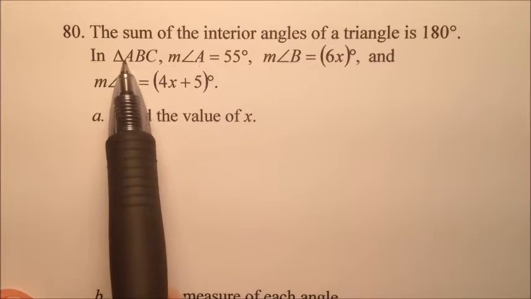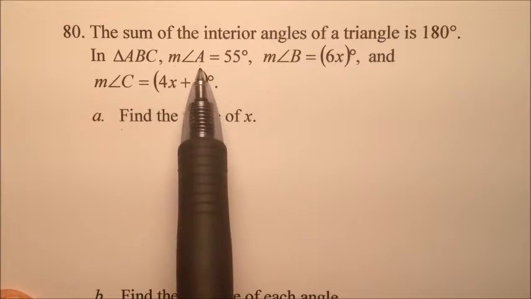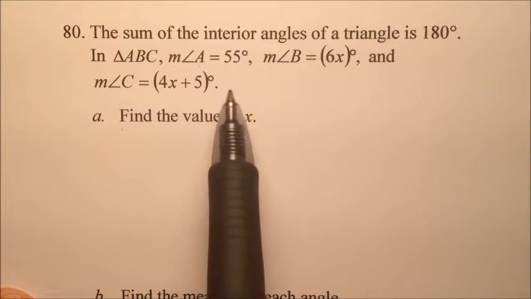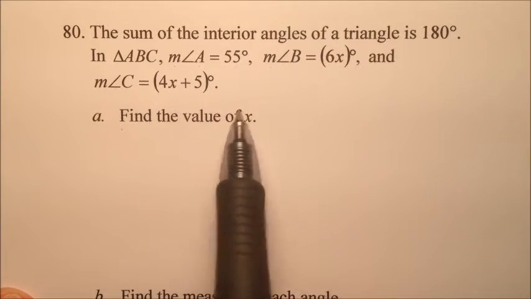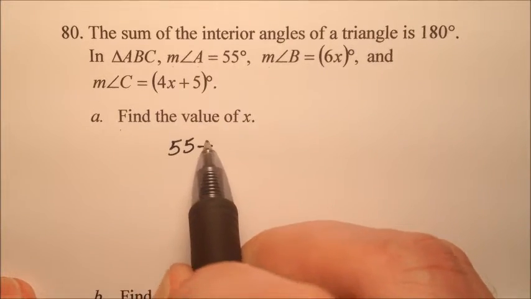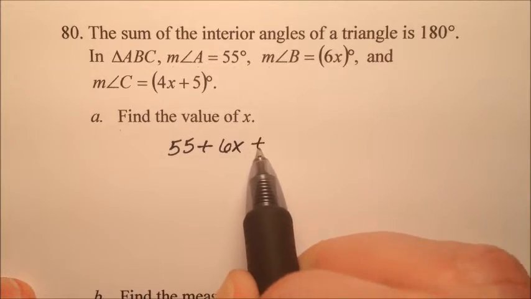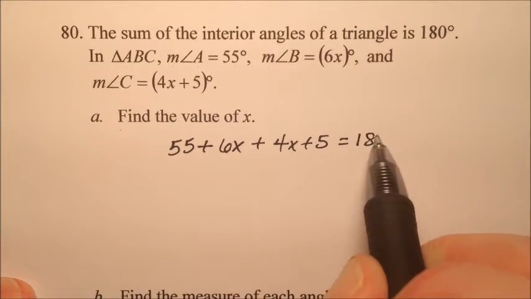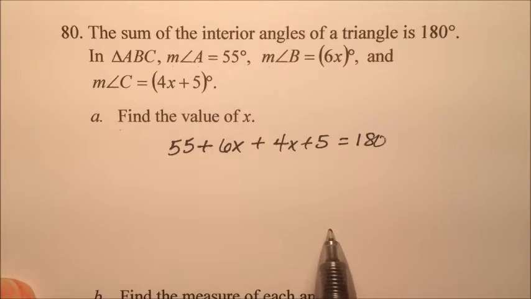Well, if I know I have triangle ABC and I have measures for angle A, B, and C, which are the three vertices or the three angles in the triangle, I know I can add up these three quantities and I should get 180. So I'll take 55 degrees, which was A, 6x degrees, which was B, and 4x plus 5, which was C. I'm going to add them all up and it should make 180.